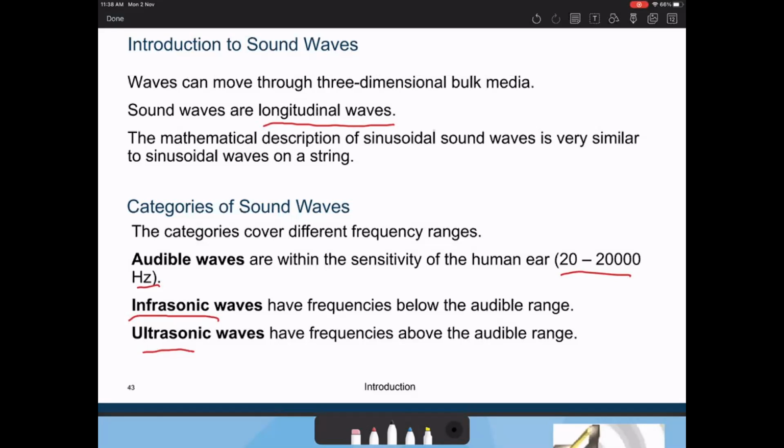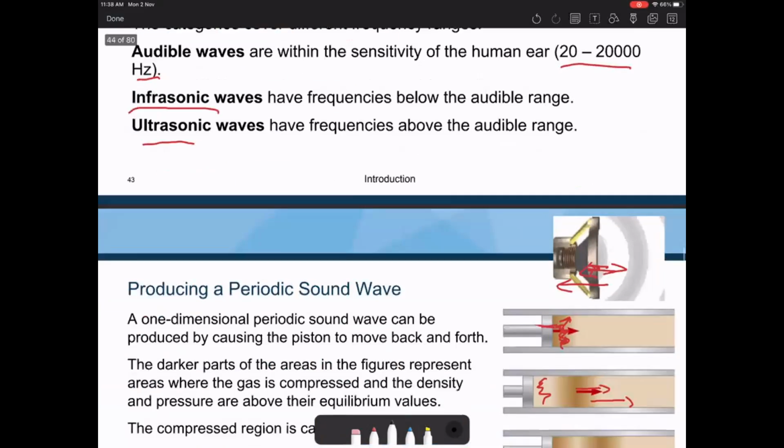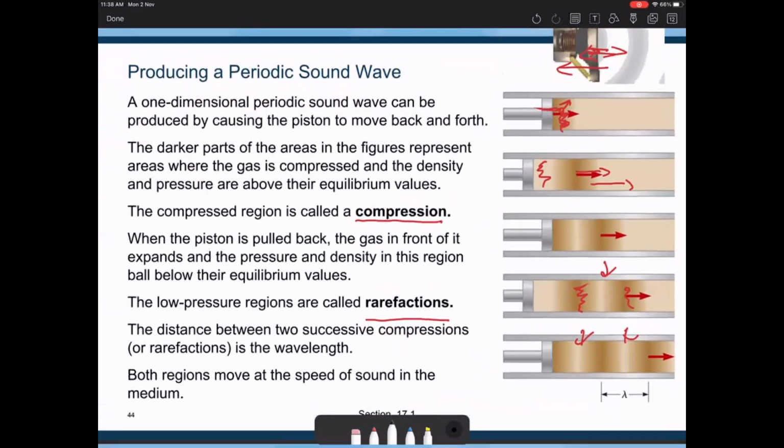And that is what we call the infrasound. And sound with frequency above 20,000 hertz would be regarded as ultrasound. They have their uses, but they cannot be heard by the human ear. And just as a quick revision in the last lesson, the sound comprises of the regions where you have a high density of air particles or medium particles, and they are called compression.